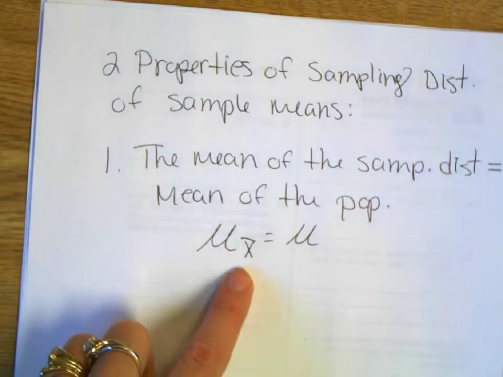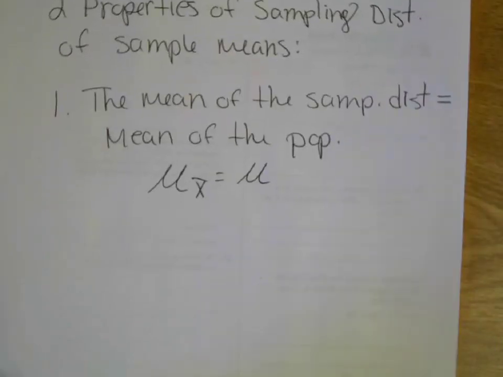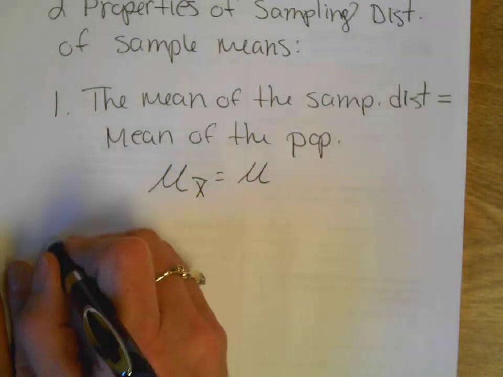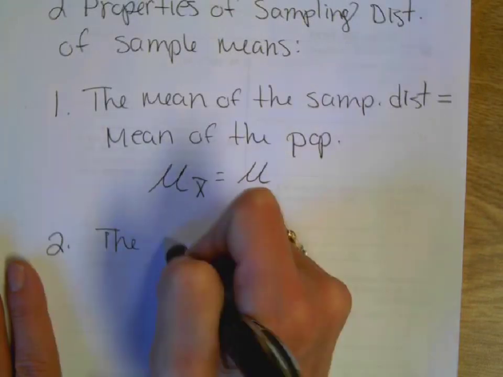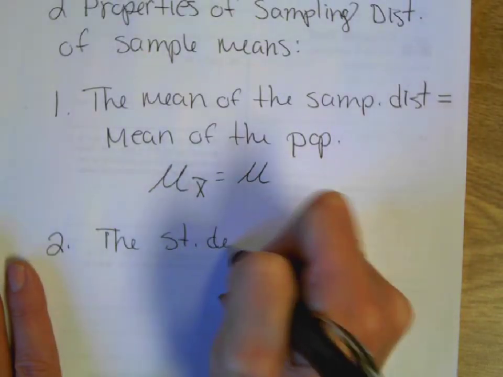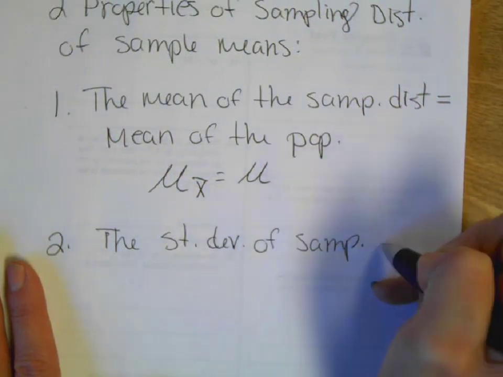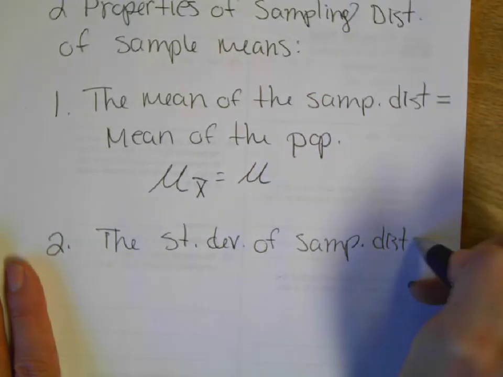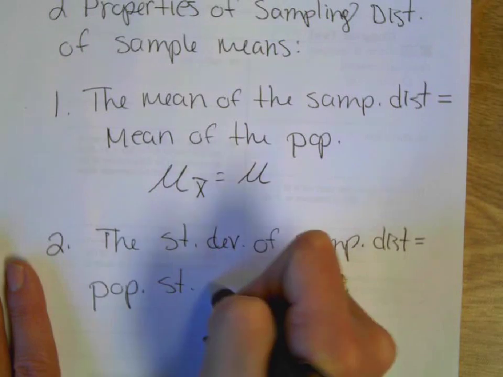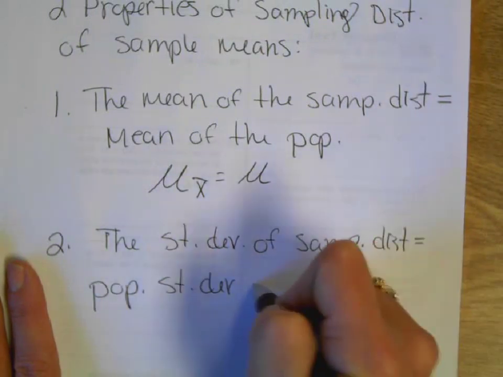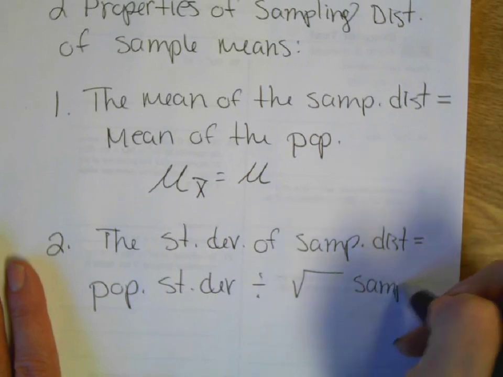So the mean of the sample means equals the population mean. And the second property, the standard deviation of the sampling distribution equals the population standard deviation divided by the square root of the sample size.